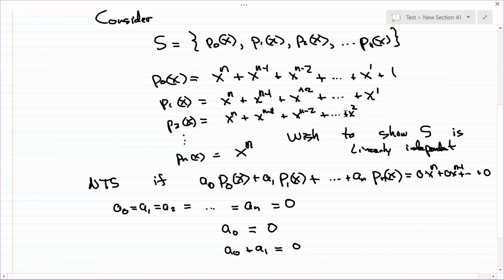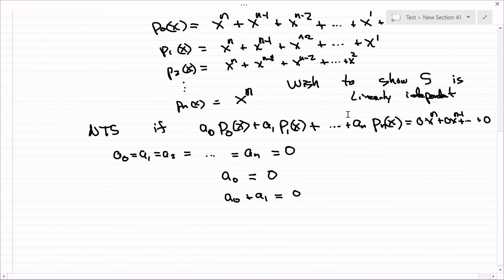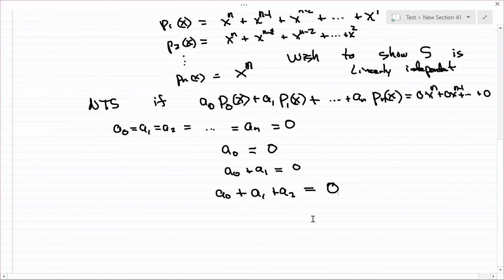And P2 has an x squared coefficient of 1 as well. So what does that mean? When you multiply A0 times the first one, you'll get this, and you get this, and you'll get this. And that would be equal to the coefficient in the 0 polynomial, which would be 0. If you follow what I'm saying, you can see how the equations continue.